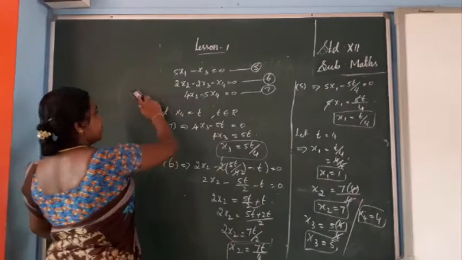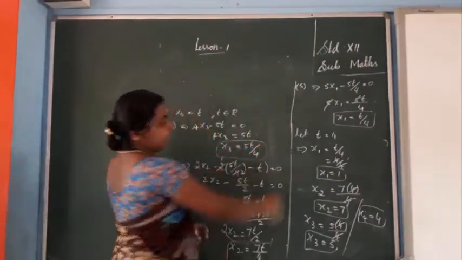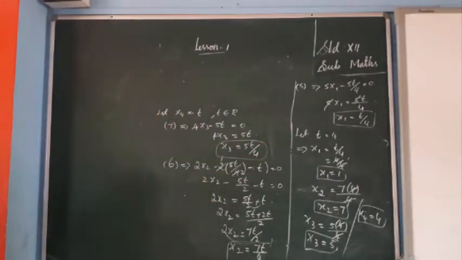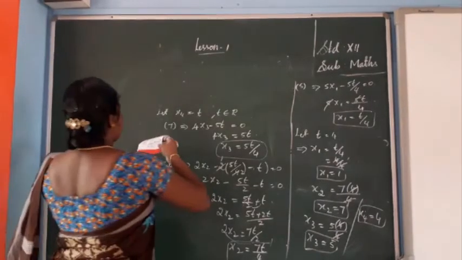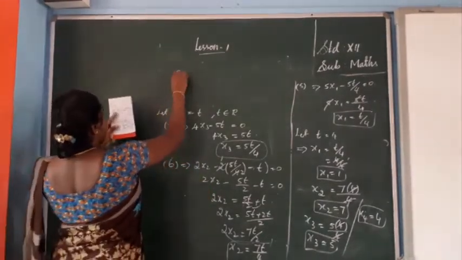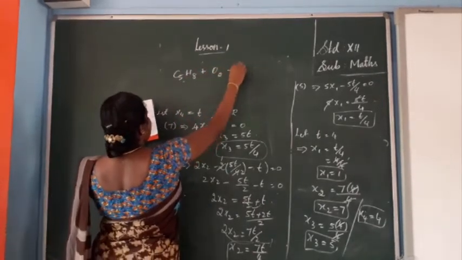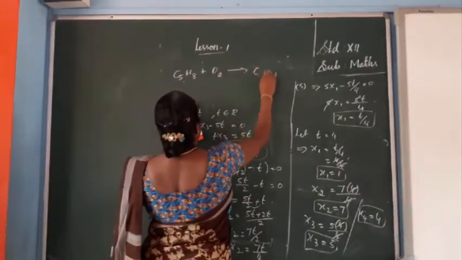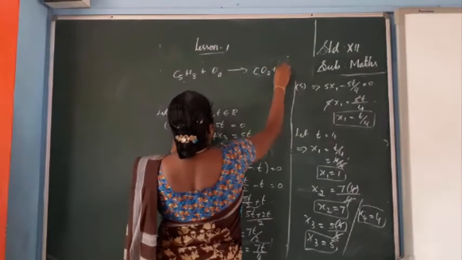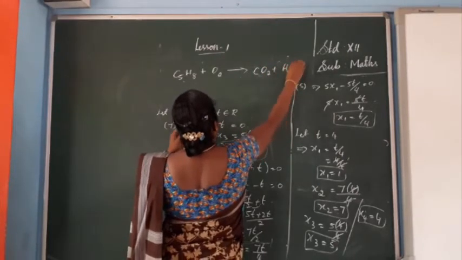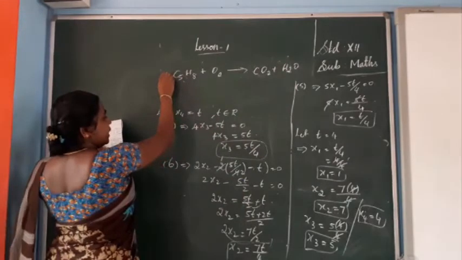Now you have to substitute x1, x2, x3 in the given equation. Actually the given chemical reaction equation is C5H8 plus O2 gives CO2 plus H2O. Near the first part we have taken x1, isn't it?